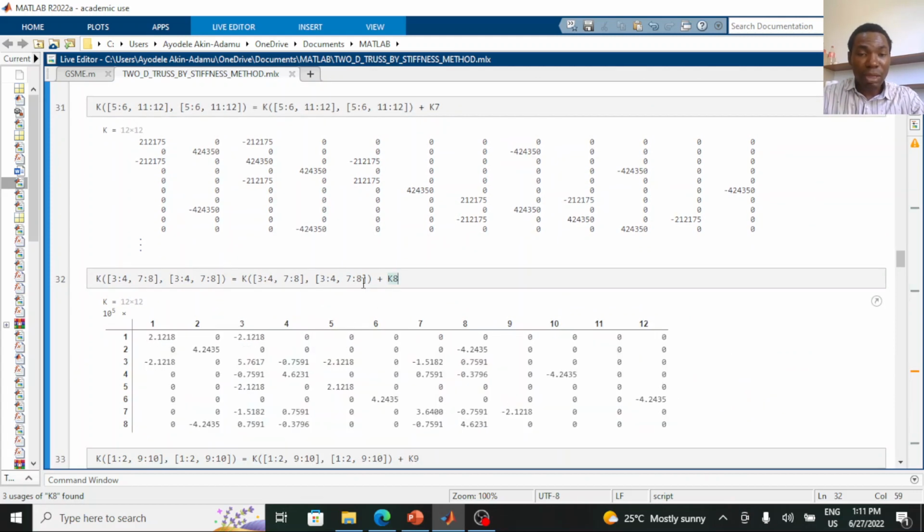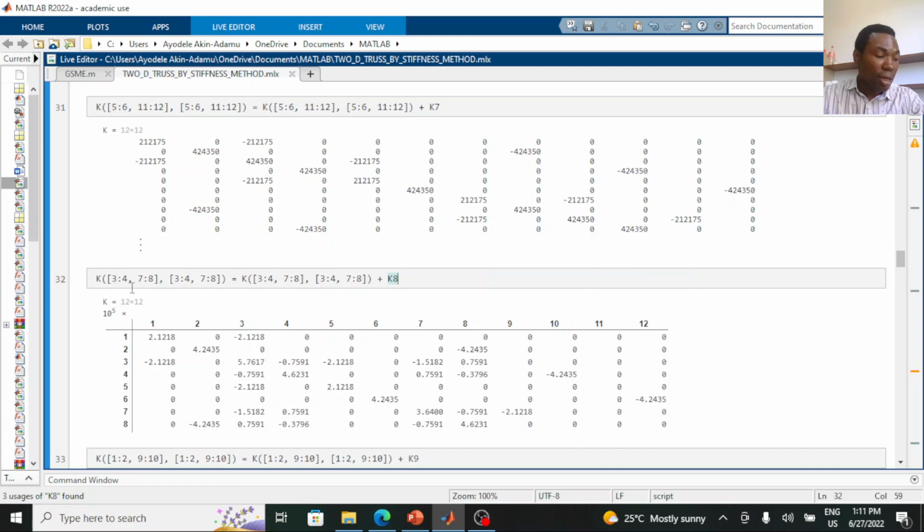Let me explain this. Take the assembly of the local stiffness matrix of the 8th element. For the 8th element, we have 3, 4, 7, 8. I've explained this in my previous video, but I will try and explain it again.